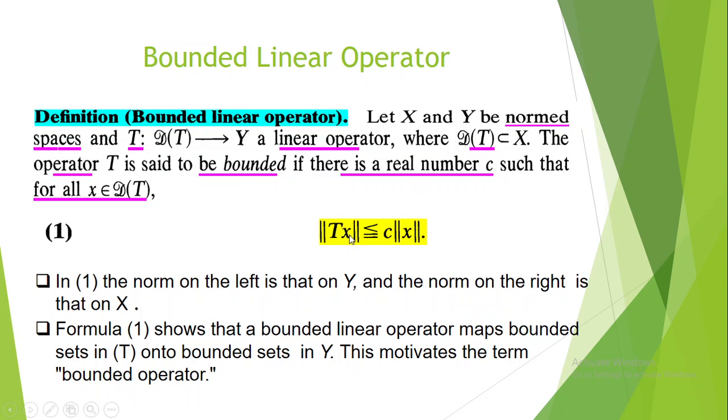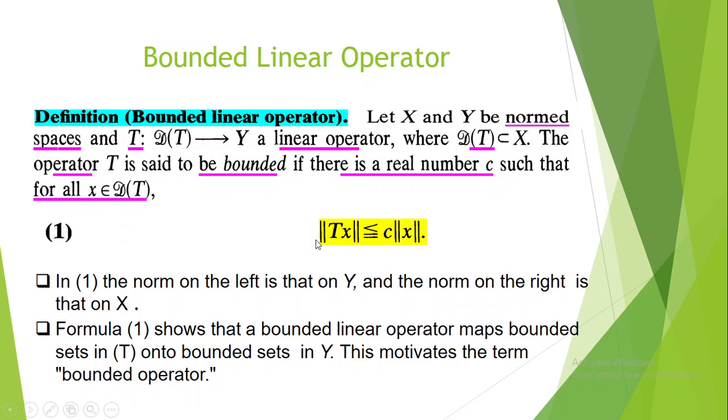The norm of the image set, norm of Tx, is less than or equal to c times the norm of x, where c is a real number, for all x.